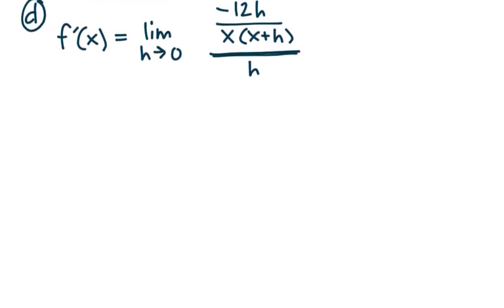So I've set this up, and I need to simplify this. I want that h to cancel. One thing we want to remember is that dividing by h is the same as multiplying by 1 over h. So this is the same as writing the limit as h approaches 0 of 1 over h times negative 12h over x times x plus h.